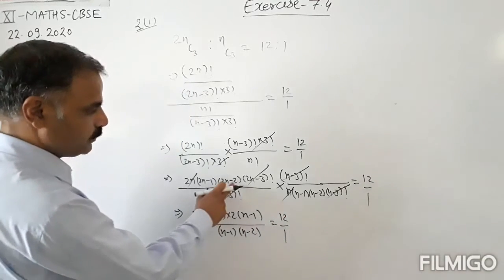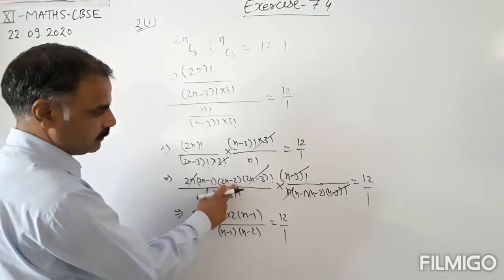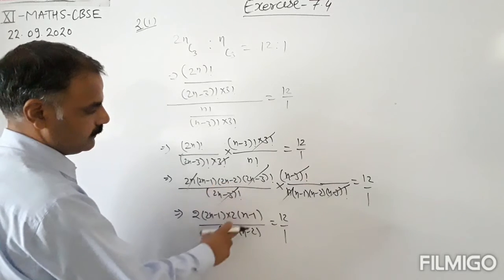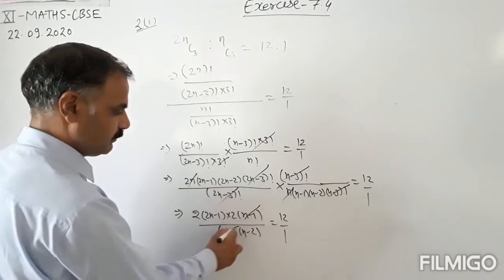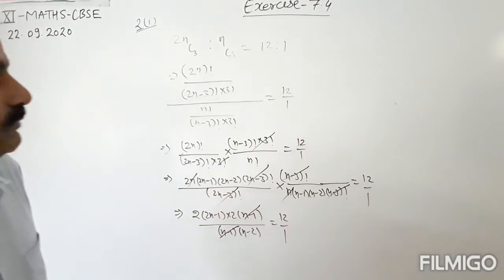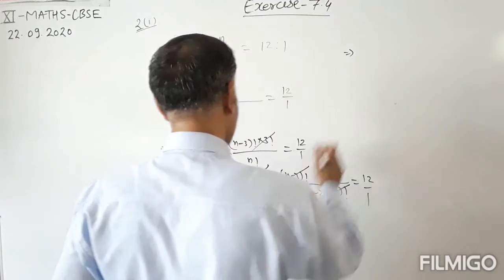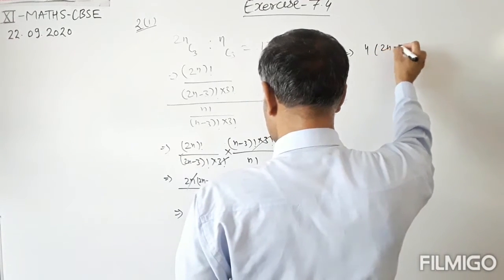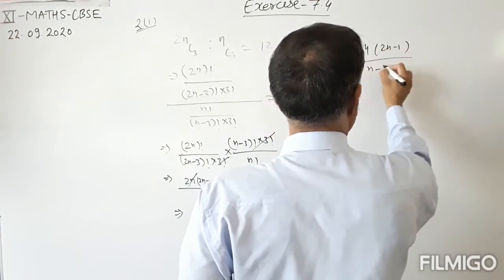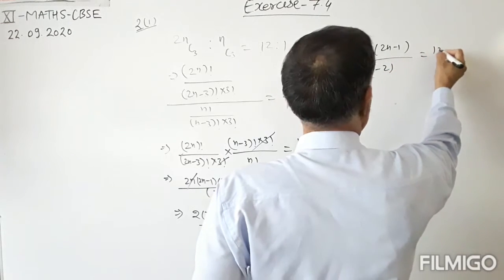Taking 2 common in the bracket, 2 into (n minus 1), and (n minus 1) cancels. Finally we will have 2 into 2, that is 4, into (2n minus 1) upon (n minus 2) equals 12 upon 1.